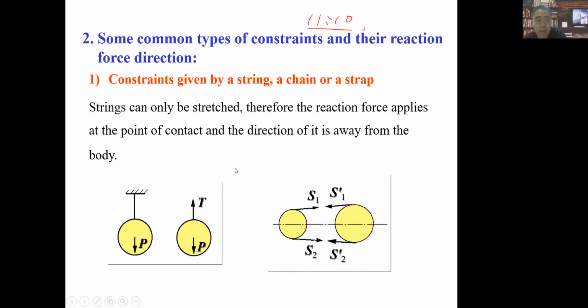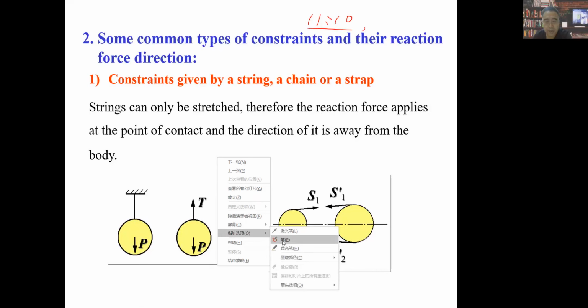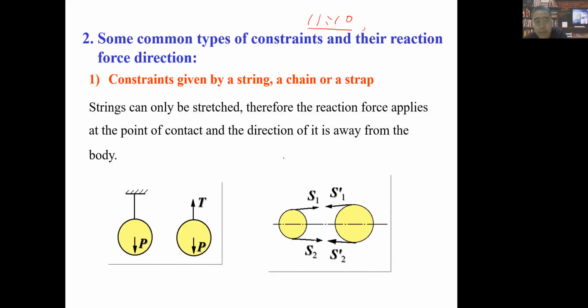You can imagine this scenario: if we have a ground, a box here, and a rope here, and I ask you to pull this box A from left to right.